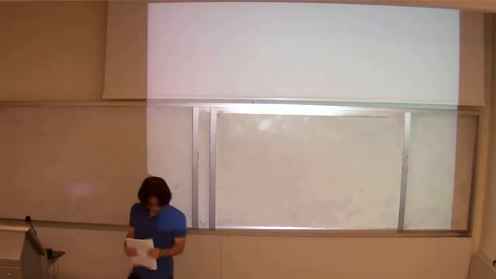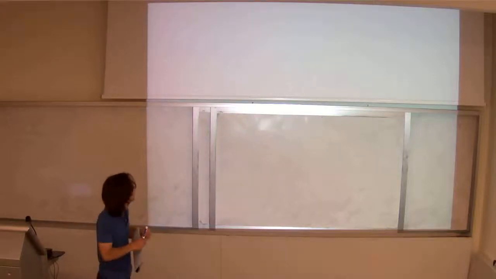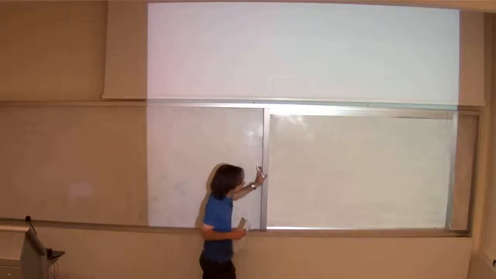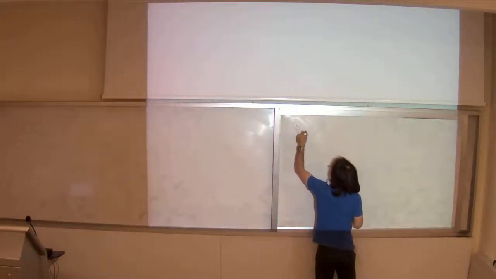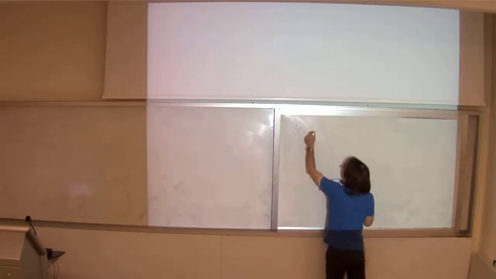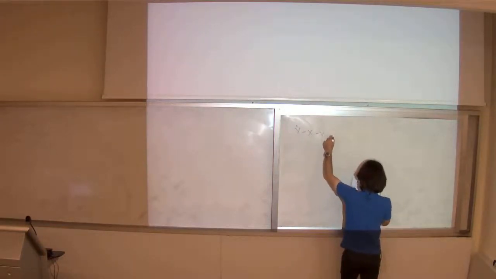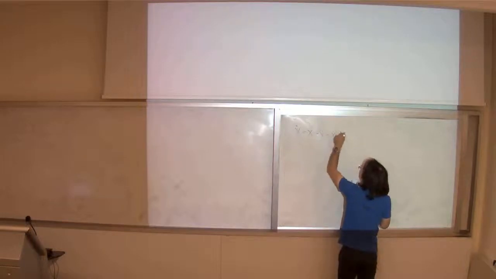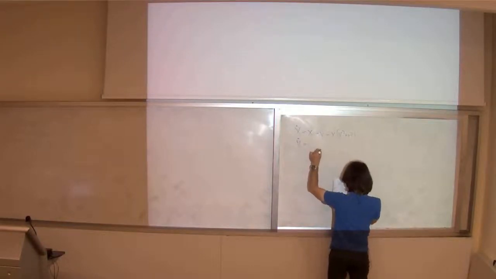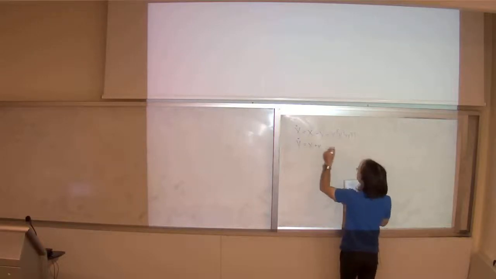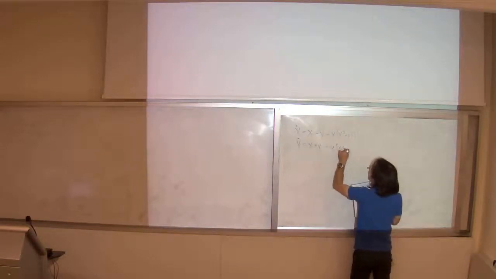Okay, so we'll see the limit cycles using first an example. We're looking at the system x dot equals x minus y minus x times x squared plus y squared, y dot equals x plus y minus y times x squared plus y squared.